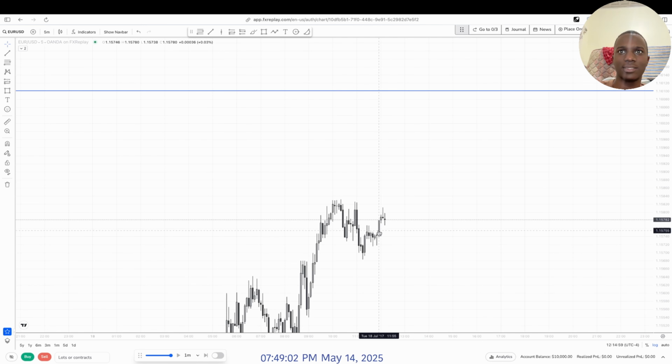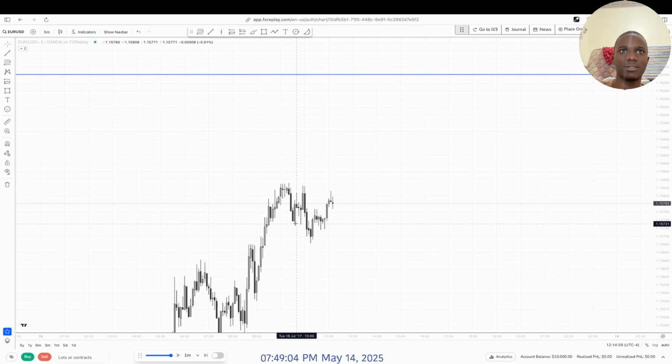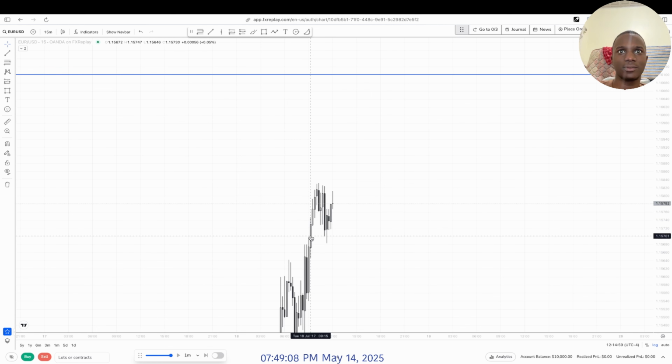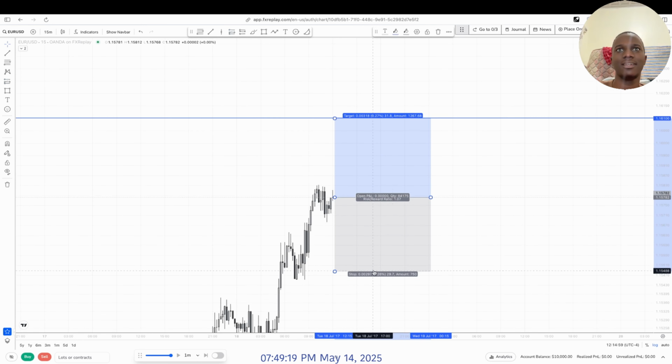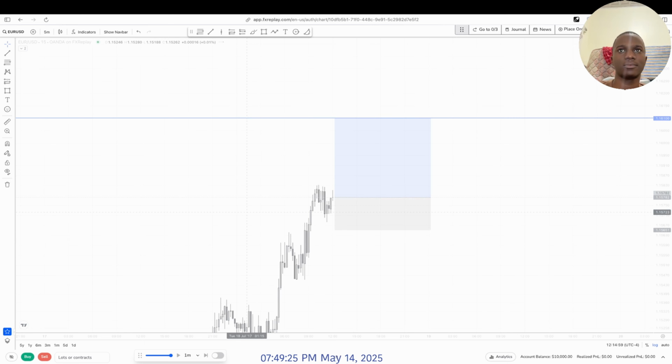You can see that we are in a fair value gap after taking out a temporary short-term low, and while we were in a fair value gap, so we can take a small buy off of here. Okay, that target is a bit high. Somewhere there.